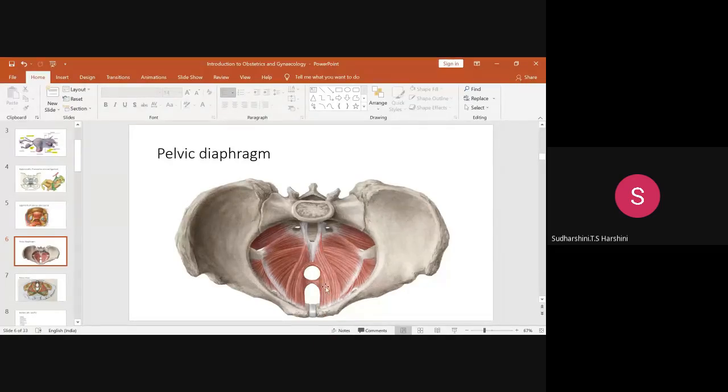Contraction of the pubovaginalis and the puborectalis, the medial most fibers of pubococcygeus, is responsible for fecal continence, and it also provides support to the upper portion of the vagina. So only one muscle we have seen, the pubococcygeus, which has two parts, namely pubovaginalis and puborectalis.